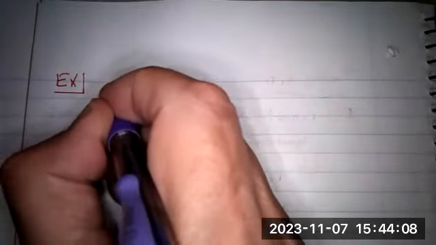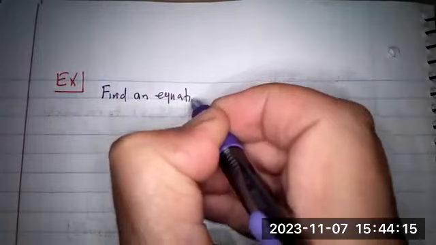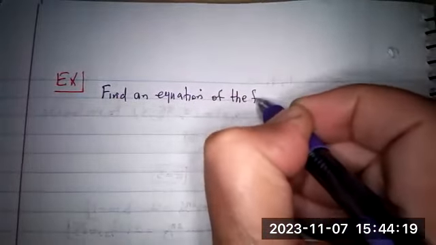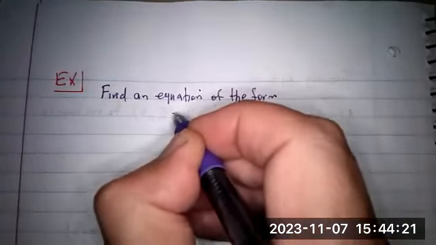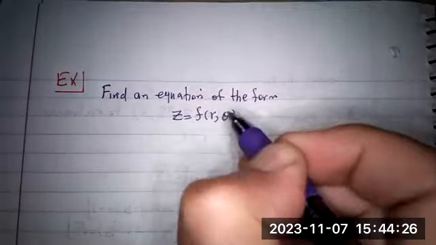So the example is, we want to find an equation of this form. Find an equation of the form Z equal to f of R comma theta.